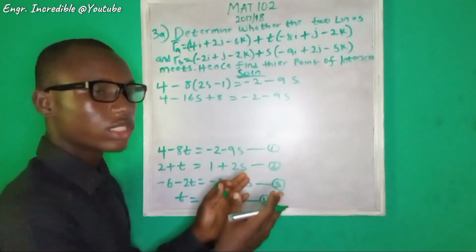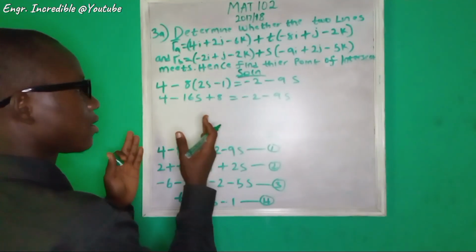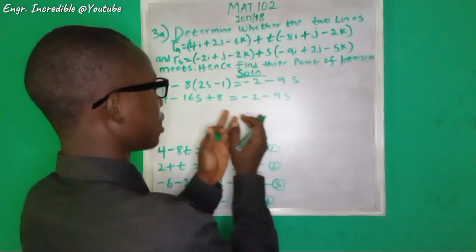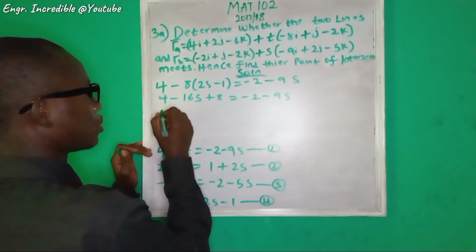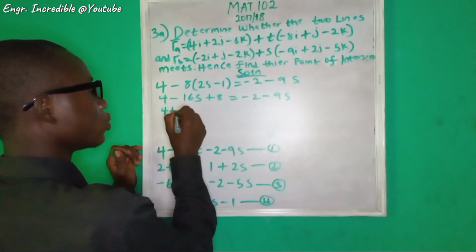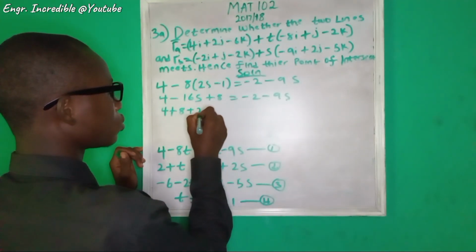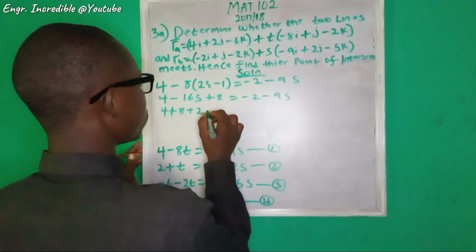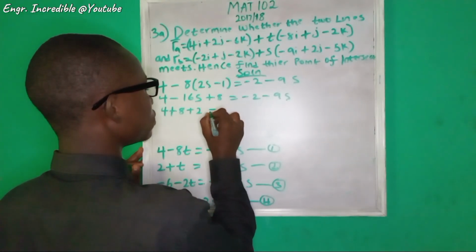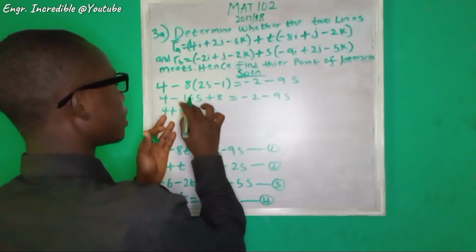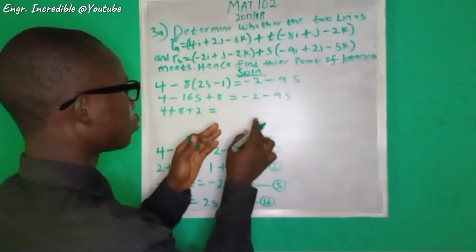So what do we do here? What we do here is we collect the like terms. So I would like to bring my s here and bring my constants to the other side. So we have 4 plus 8, then minus 2 comes here, becomes plus 2, equals, I bring my minus 16s to this other side.